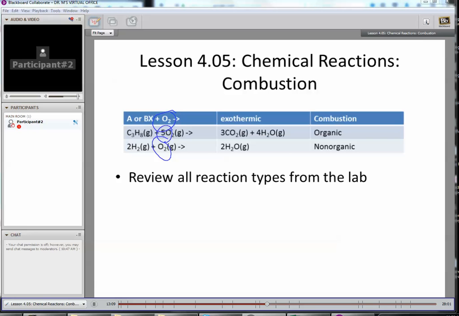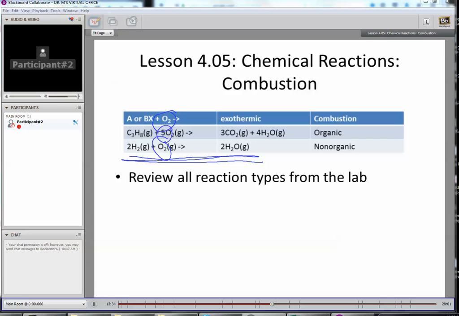as a reactant. Now remember, just like in our lab, certain combustion reactions may also be synthesis. As in the case of our lower example right here, we have our two basic compounds making our one product, and in that case, we can have one reaction actually classified as two in this particular circumstance.